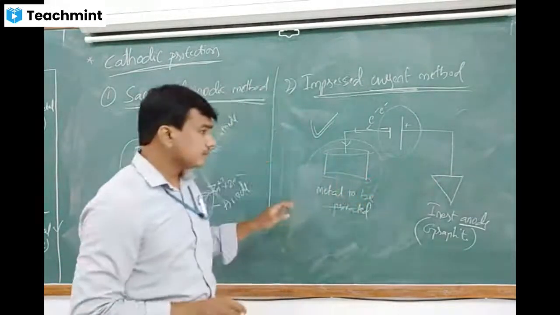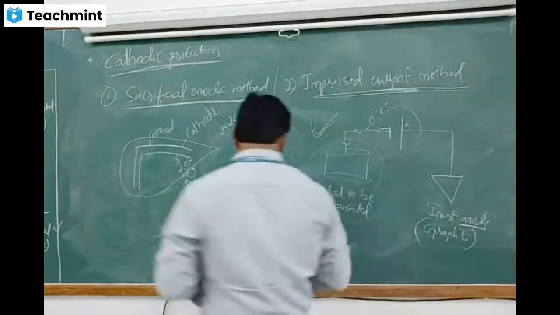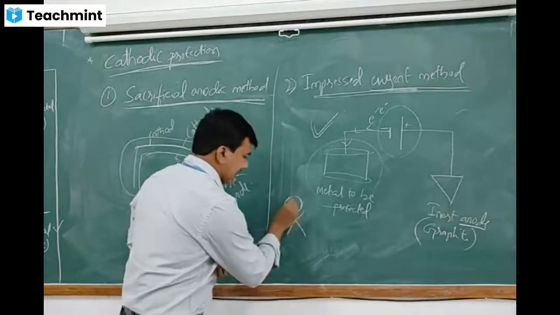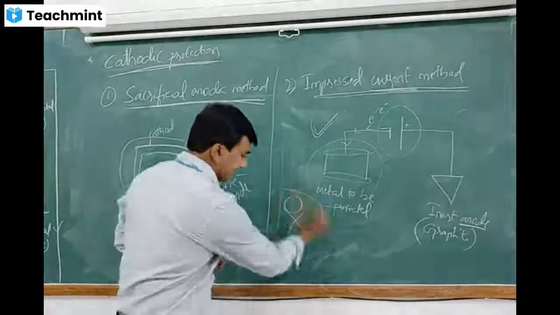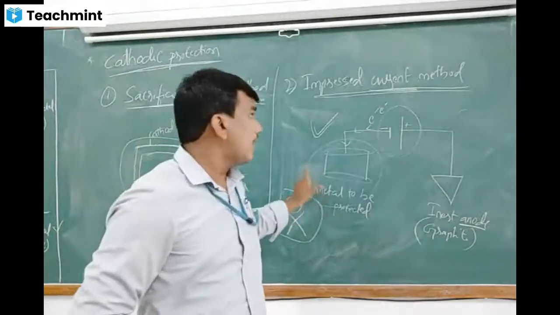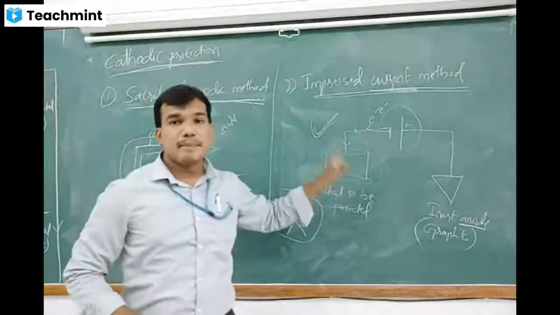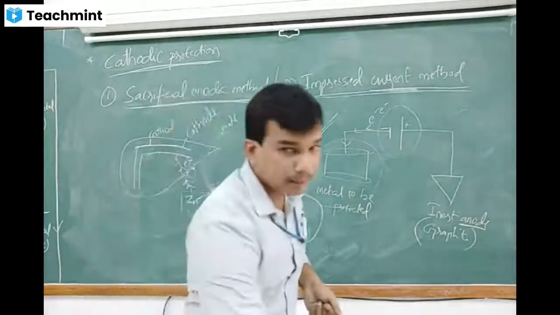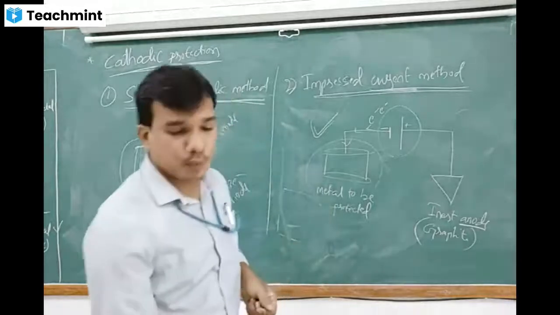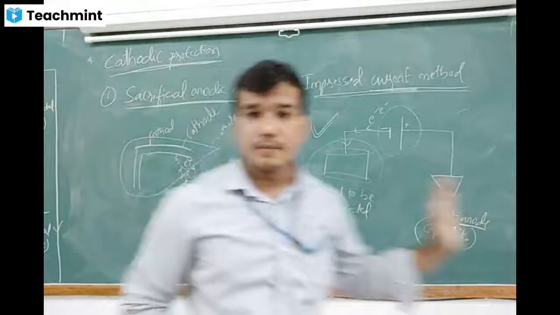Notice the symbol: they put danger because a high electric current is supplied to the underground pipelines. So this is the method to protect from corrosion. Understood this one?